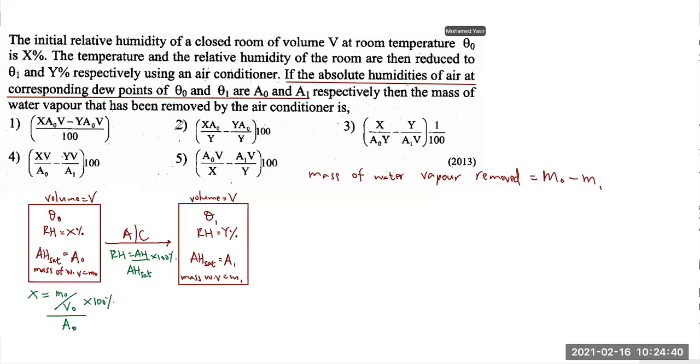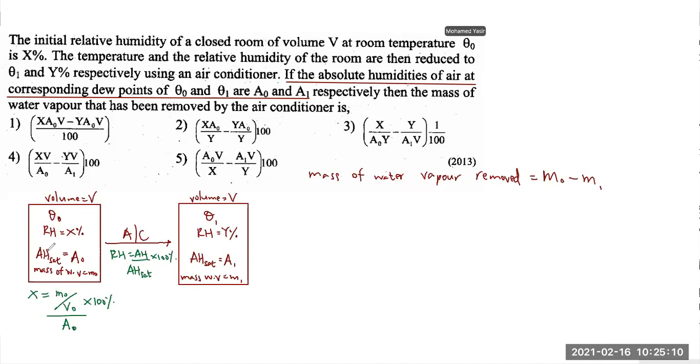Now again, what is this A naught? The absolute humidities of air at the corresponding dew points of theta naught and theta 1 are A naught and A1. That means at dew points, the air will be saturated. What they mean is that when theta naught becomes the dew point, this air will be saturated.